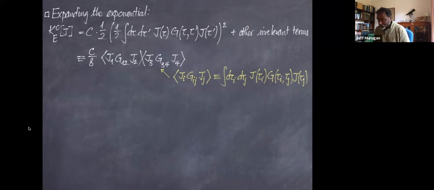So with this, we then have a full expression for the propagator that we want, K_E.